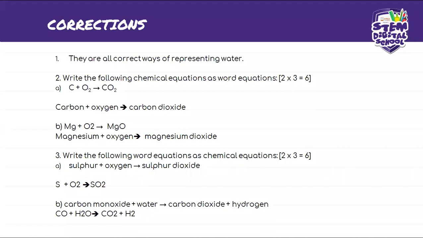B says carbon monoxide plus water, giving us carbon dioxide plus hydrogen. The symbol for carbon monoxide is CO, plus water, giving us carbon dioxide and then hydrogen gas.